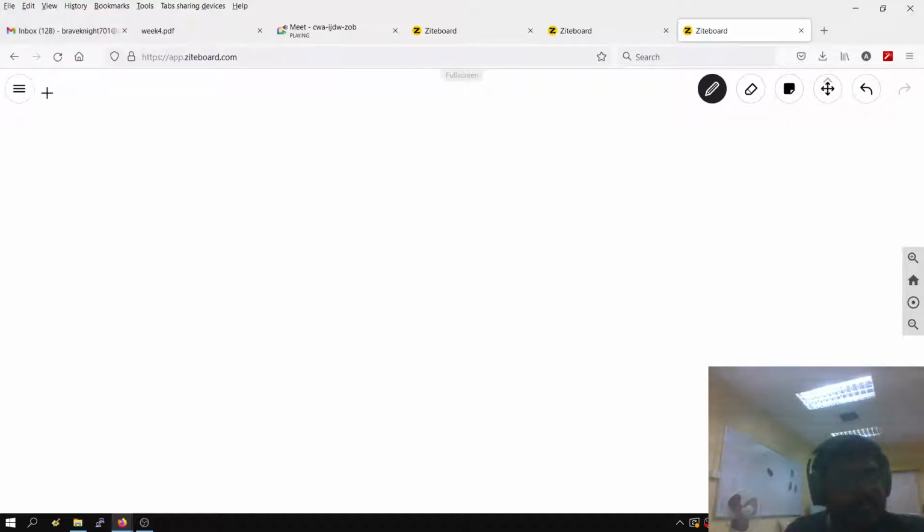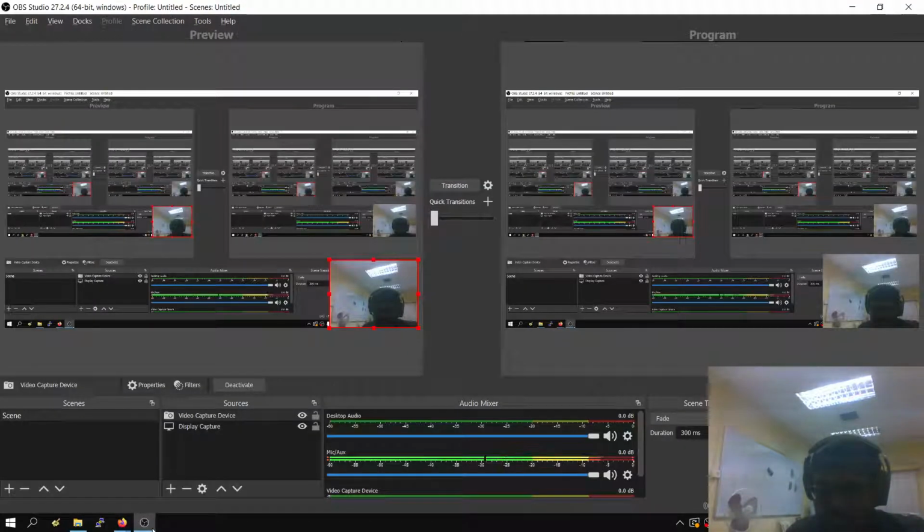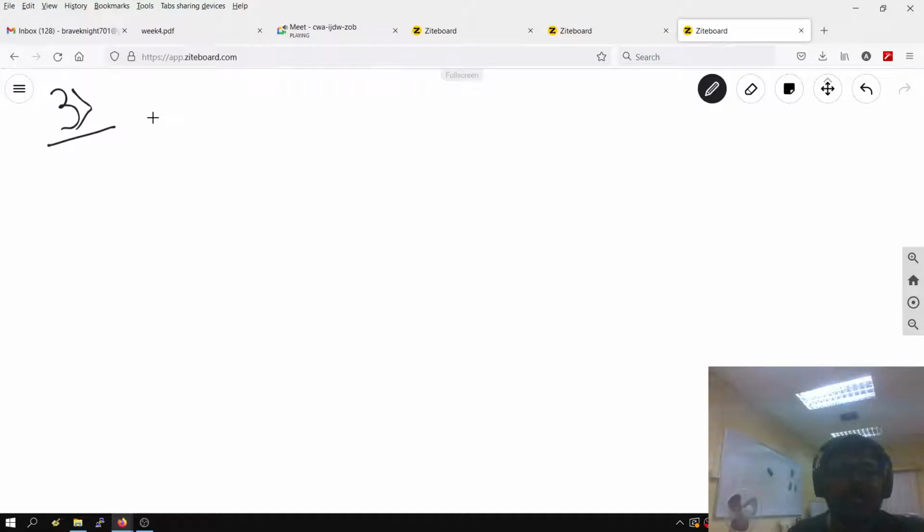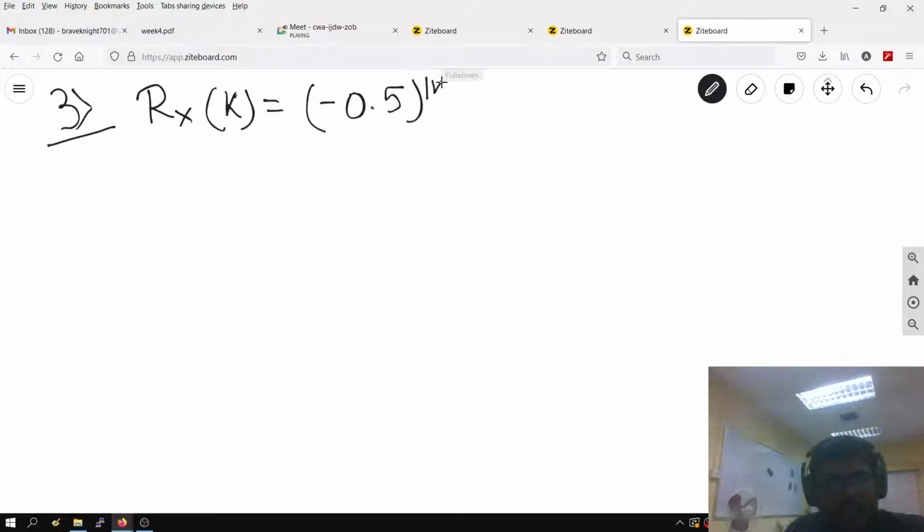Okay, this is question number 3. It is given that the autocorrelation function Rx(k) is equal to minus 0.5 mod k, right?